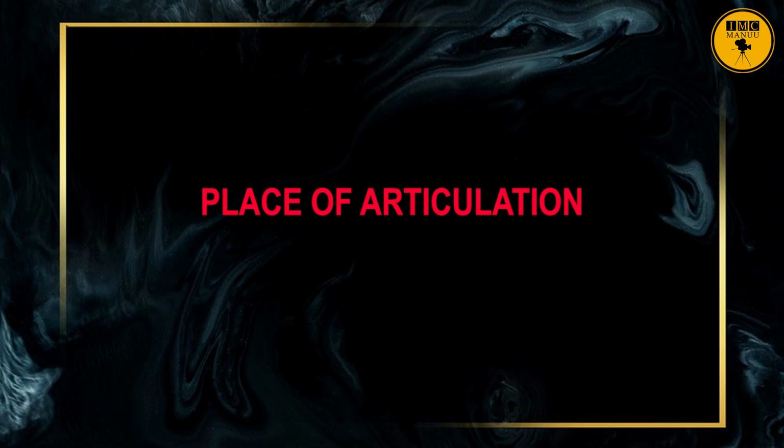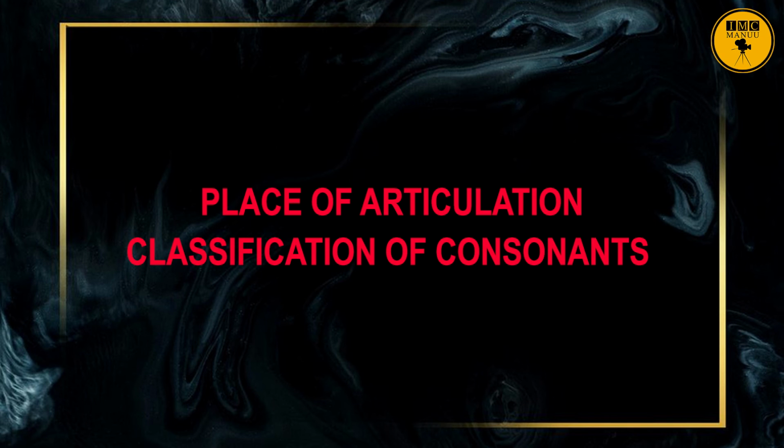I hope with this you are familiar with the place of articulation. In the course of later lessons or in the course of your contact cum counseling classes, we'll make every effort to ensure that you are more familiar with the place of articulation in the classification of consonants.